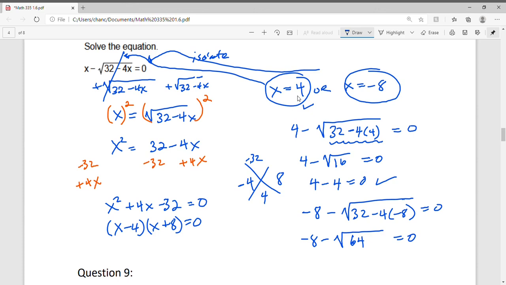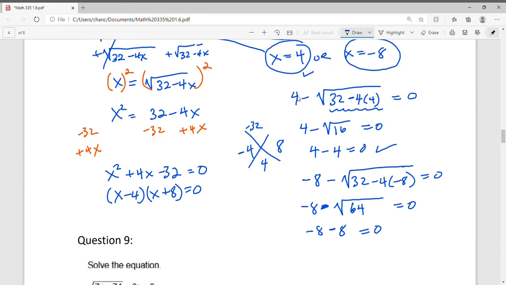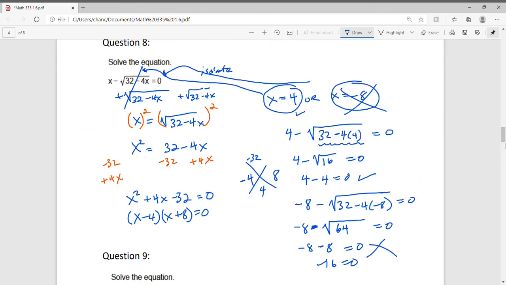So the square root of 64 is going to give us 8, but there was a negative in front, so we'll have to do negative 8 minus 8, and that is not equal to 0. That's negative 16. So we know that x equals negative 8 is not a good solution. And so there's only one good solution, and that's x equals 4.